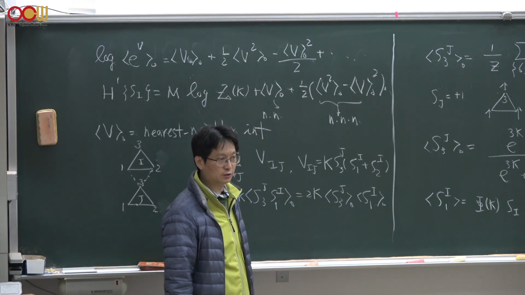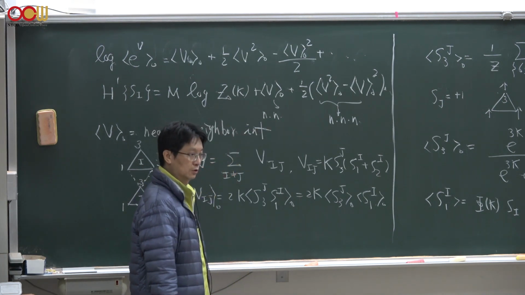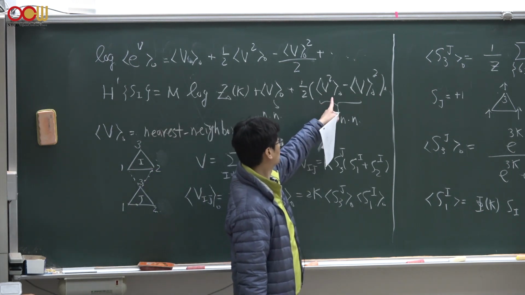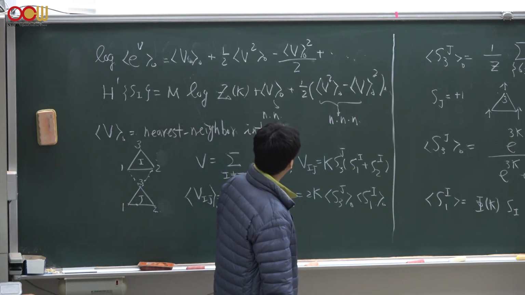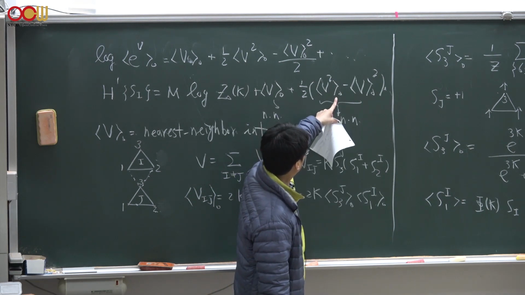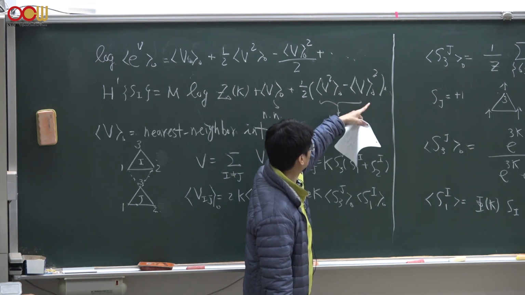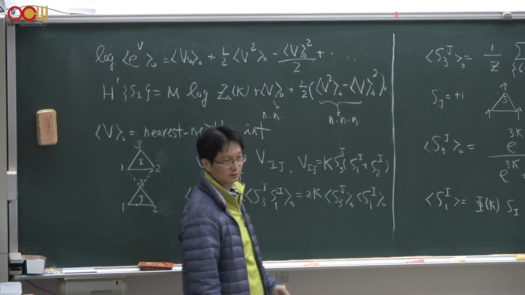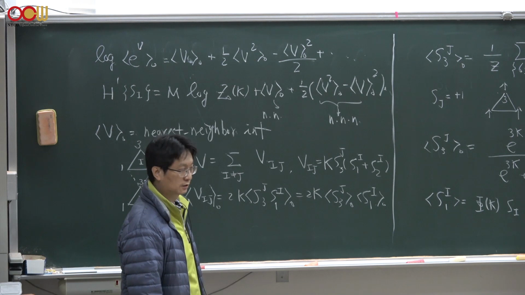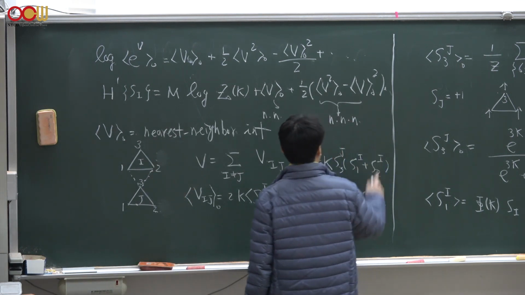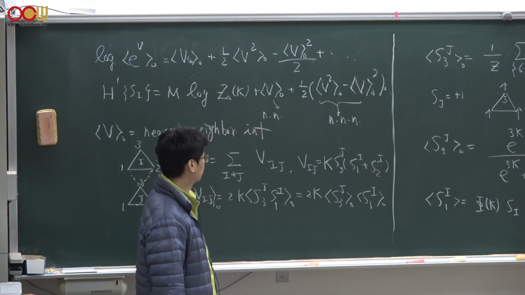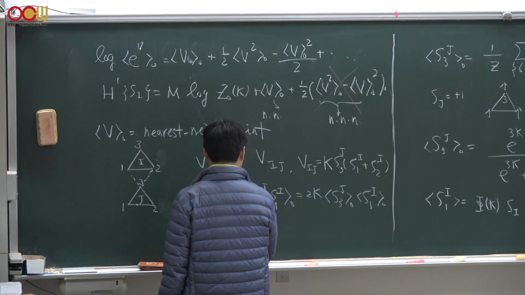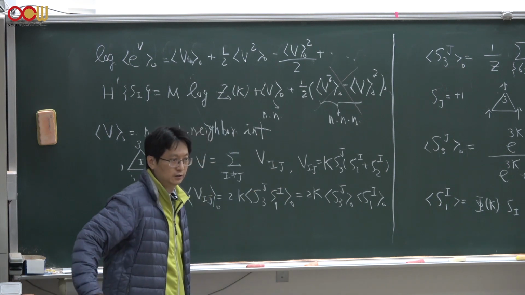The first term is just linear in V, which represents the nearest neighbor block-block interactions, and the second term is the V squared term, the average of V squared with respect to 0 minus the square of the average of V. So this is the next nearest neighbor interaction. But we don't consider the second neighbor terms, and just keep the first order linear in V term.